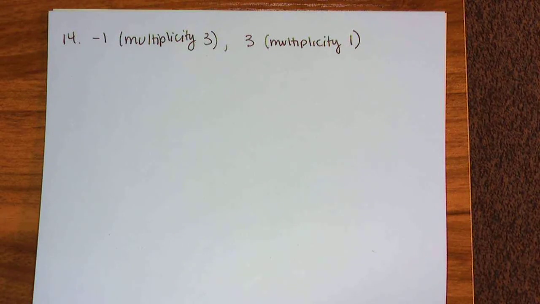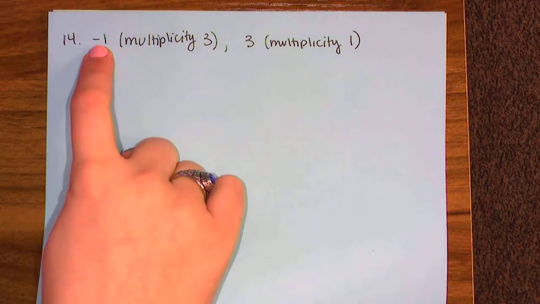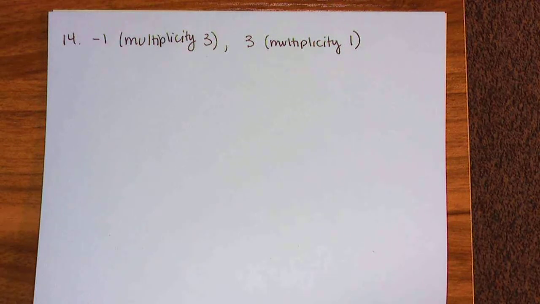So when we're going to set these up, we know that -1 and 3 are zeros of the function. -1 is a triple zero. That's what that multiplicity 3 means. So when I set these up, basically I have the factors then.